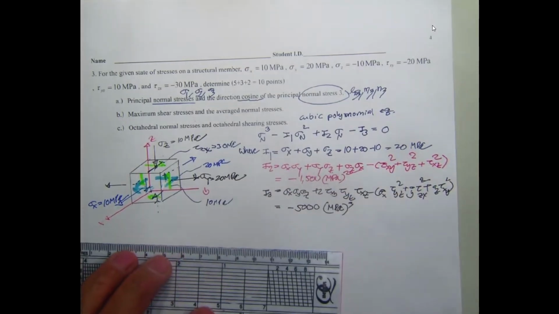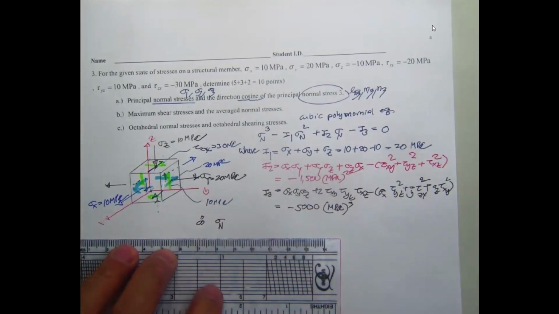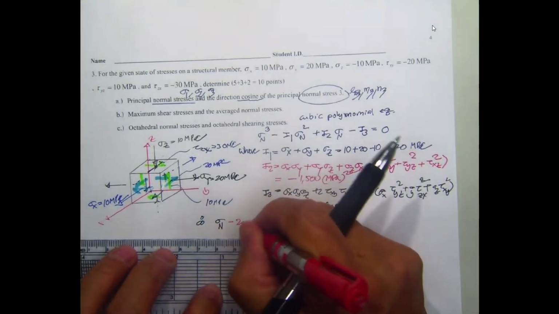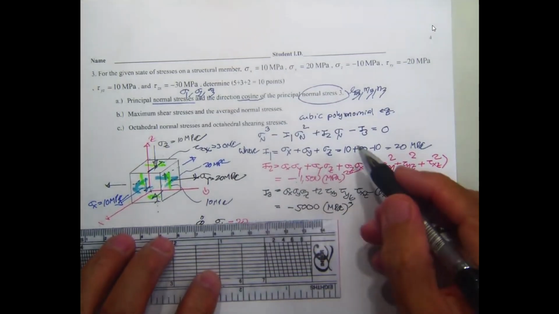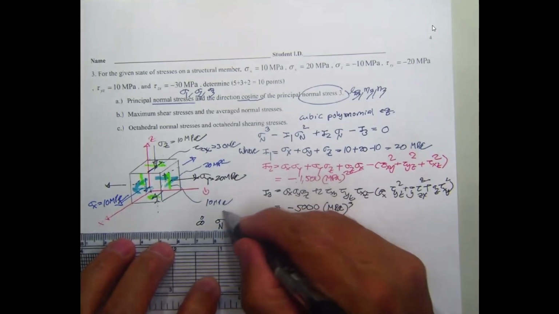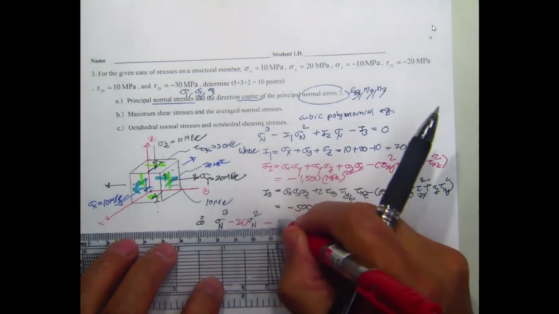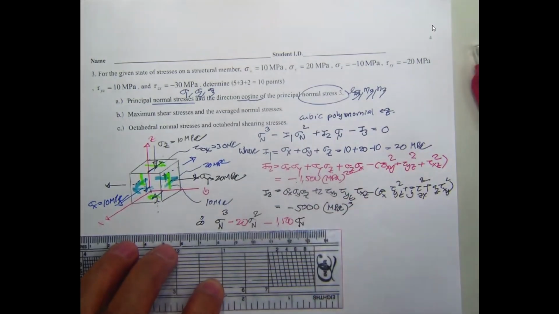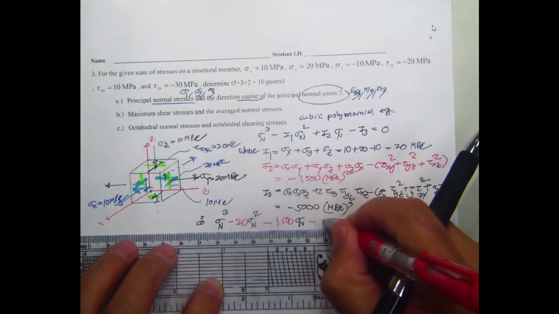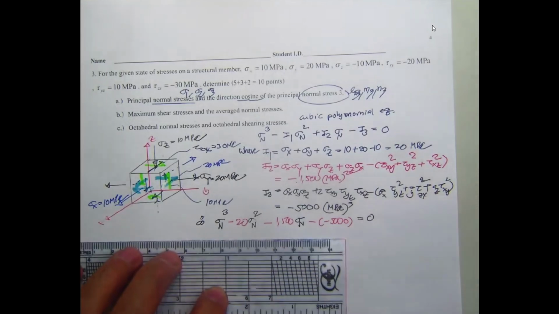Then we have sigma n cubed minus 20 sigma n squared minus 1,500 sigma n, and then minus of the minus 5,000, equal to 0.